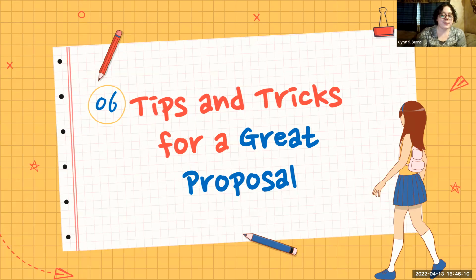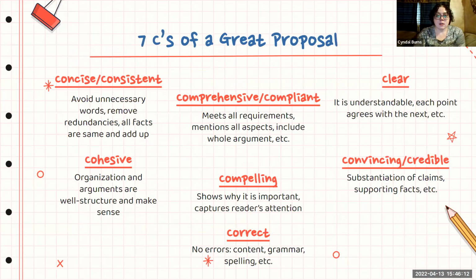So, tips and tricks for a great proposal. The 7 C's of a great proposal are a good way to remember what a good proposal looks like: concise, consistent, comprehensive, compliant, clear, cohesive, compelling, convincing, and correct.